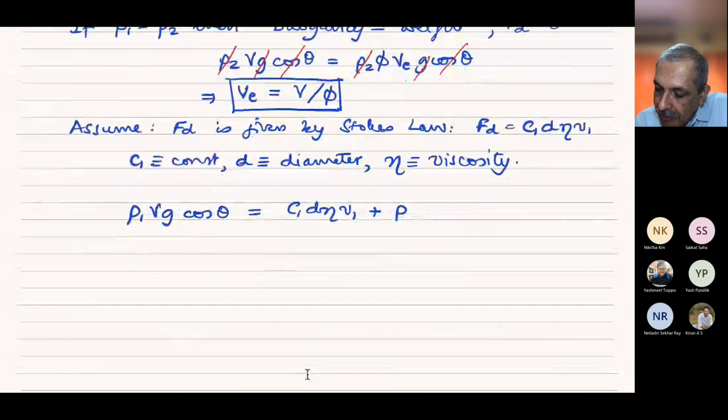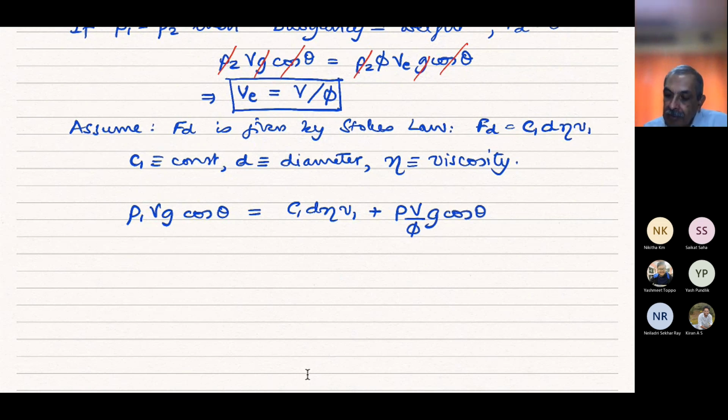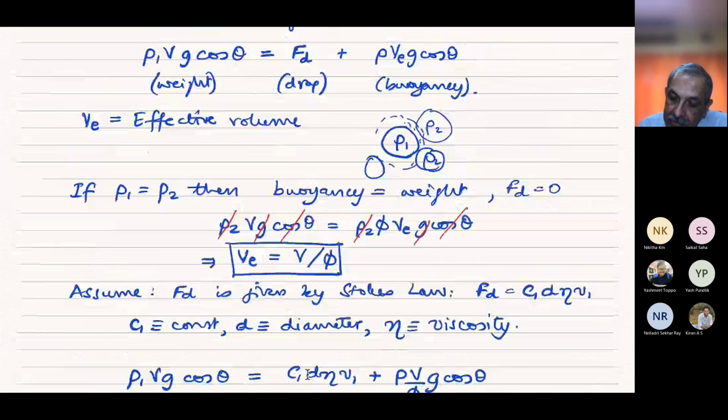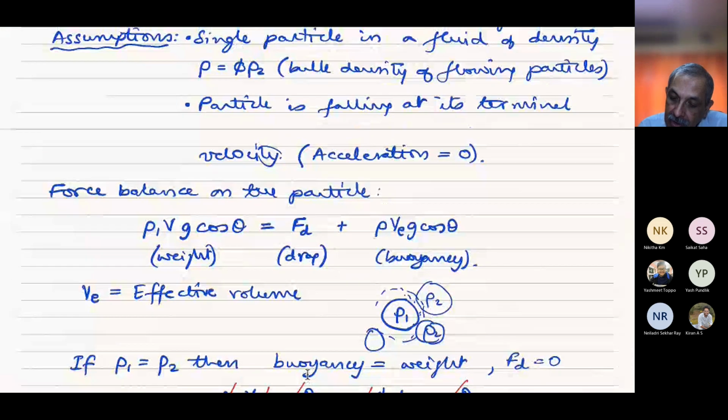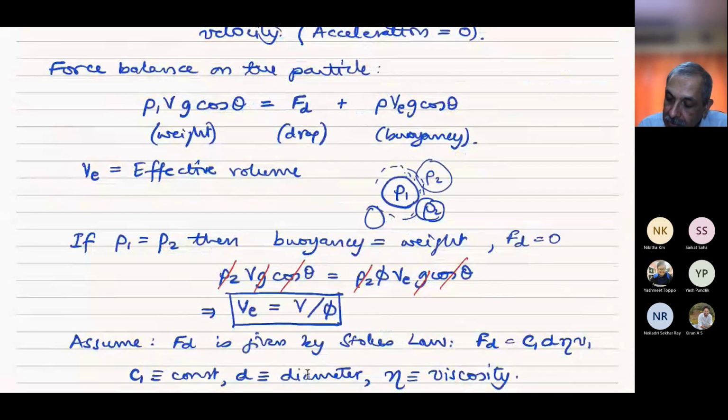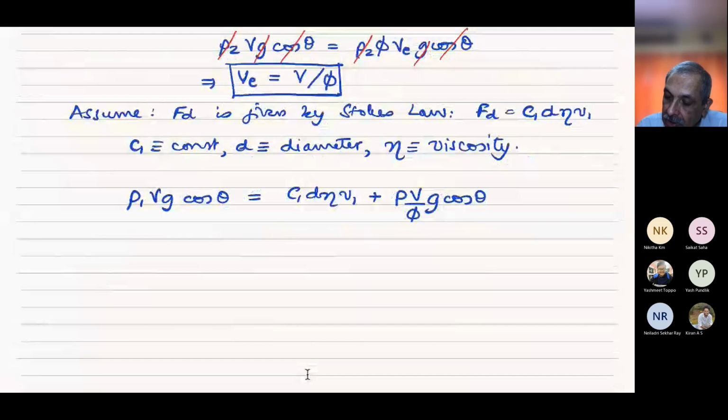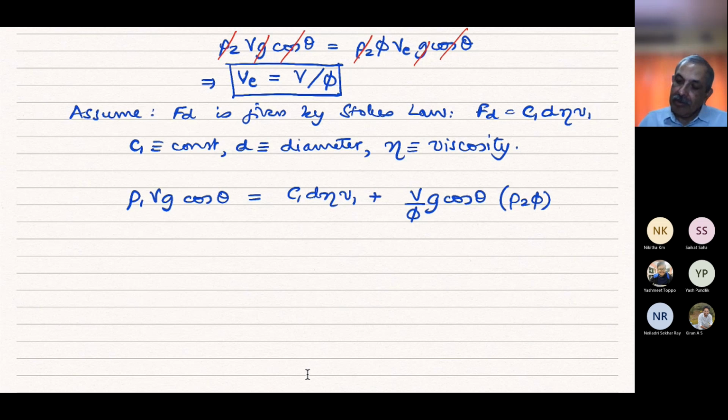Now we know that the effective volume is nothing but V divided by phi, into g cos theta. And finally, if we even substitute for rho, which is just phi times rho2, then instead of writing this rho over here, I can just write it as rho2 into phi. So that is the substitution.